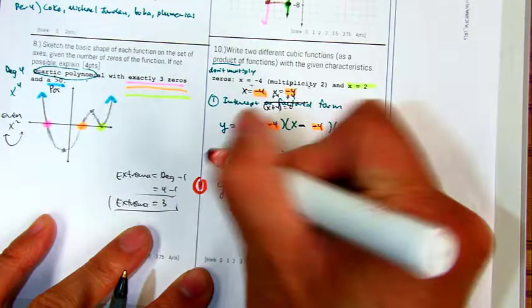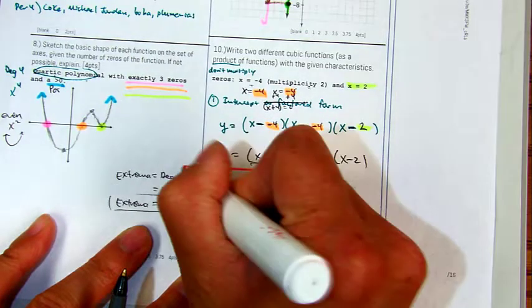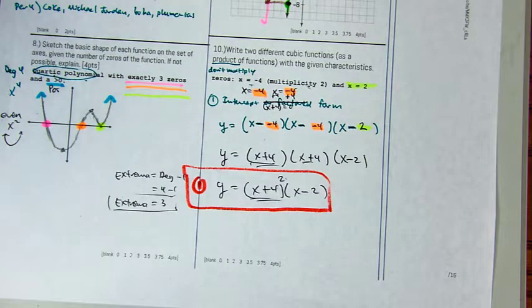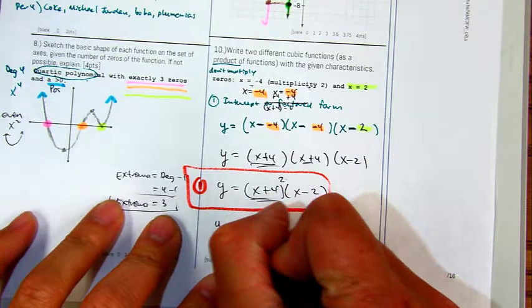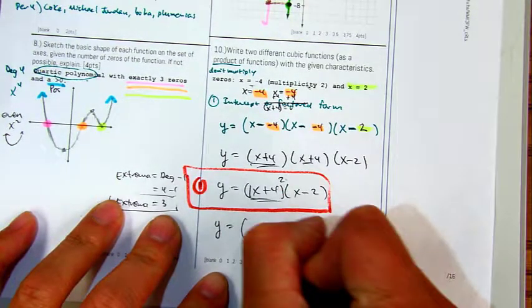This would count as 1. And we talked about how you can just double everything in your equation. So instead of 1x, you have 2x. Instead of 4, you have 8.